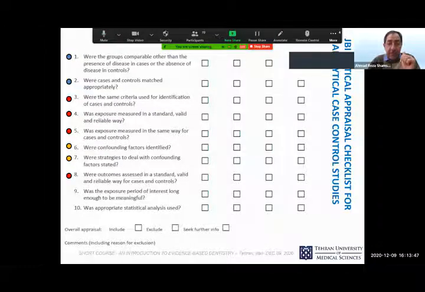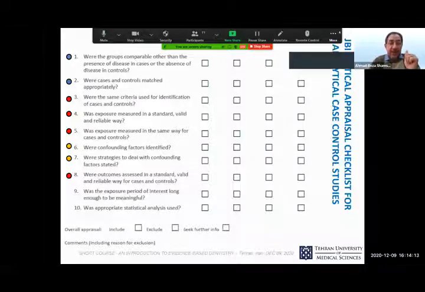The fifth: was exposure measured in the same way for cases and controls? It's very important that the researcher used a consistent method for both groups. And the eighth question: were outcomes assessed in a standard, valid, and reliable way for cases and controls?